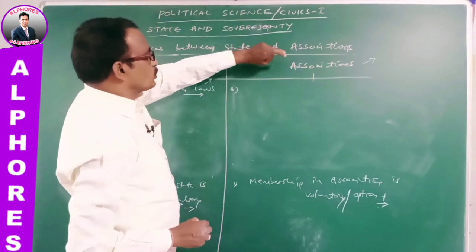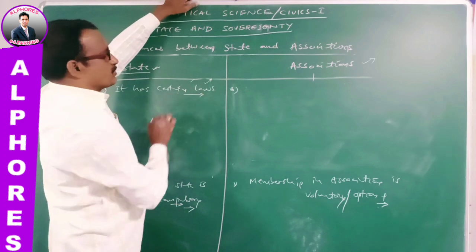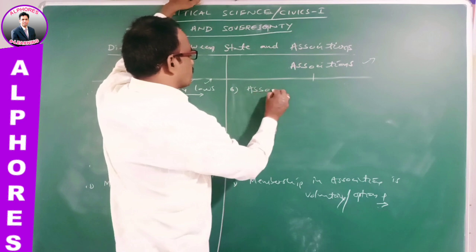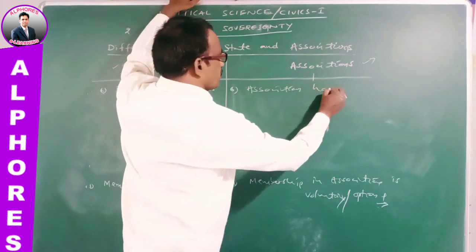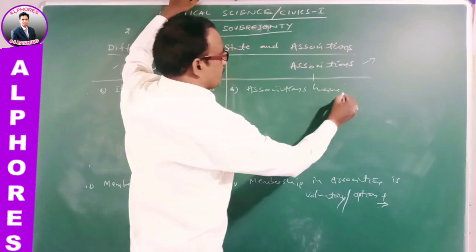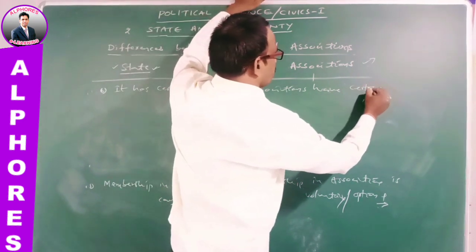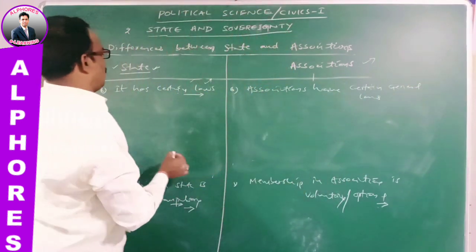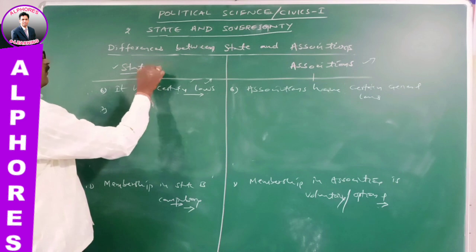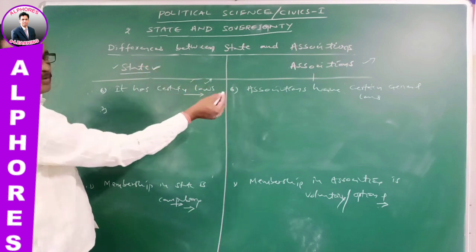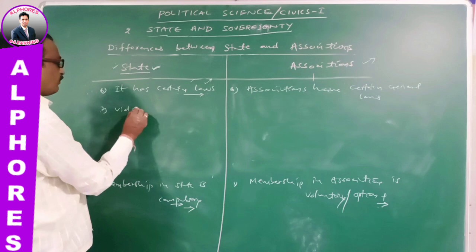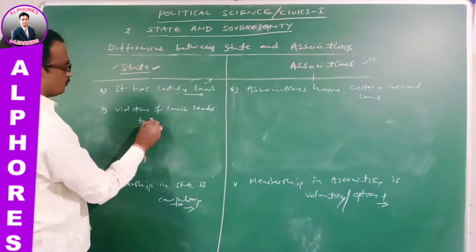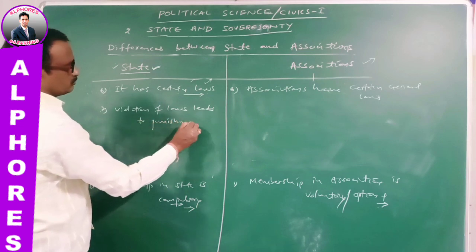Whereas associations do not have such type of laws, but they will have certain general laws. Here, if anybody violates the laws of the state, they will be punished. So violation of laws leads to punishment.